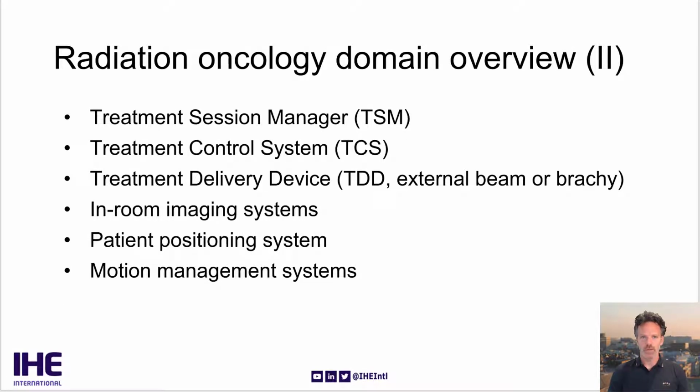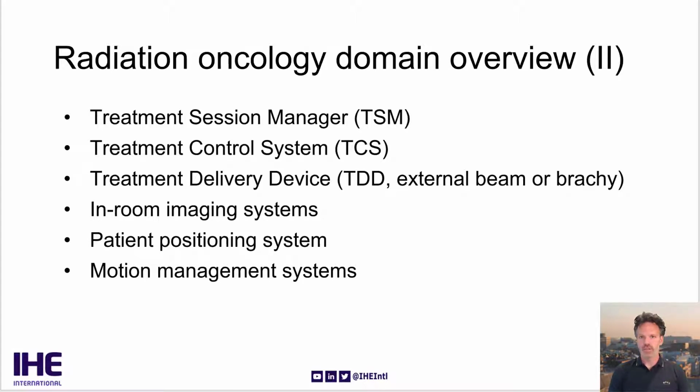Then coming closer to the treatment, there's the treatment session manager and a treatment control system. These are softwares that are in the treatment control room. Sometimes they're blended into one, oftentimes they're from the same vendor. And then there's the treatment delivery device, the actual machine that delivers the radiation. That can be external beams, either with photons, electrons, or protons or other modalities, or it can be brachy.